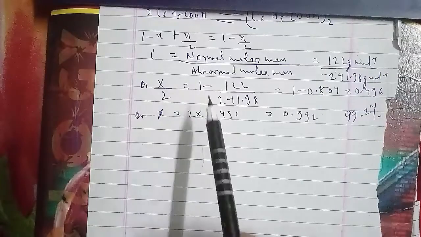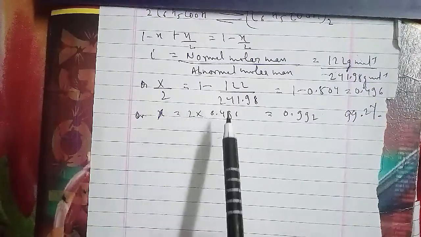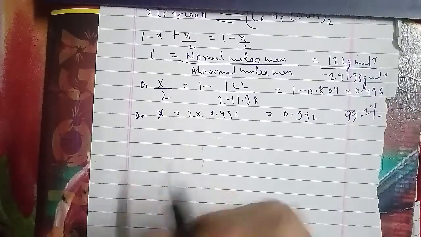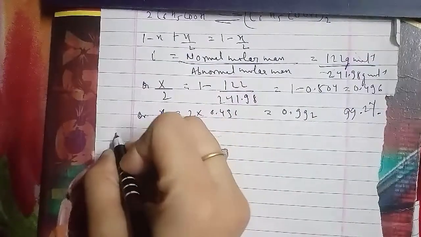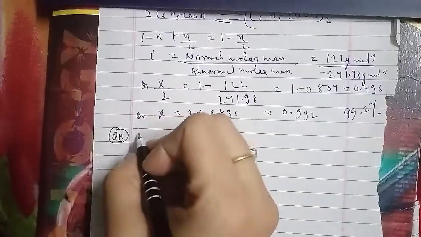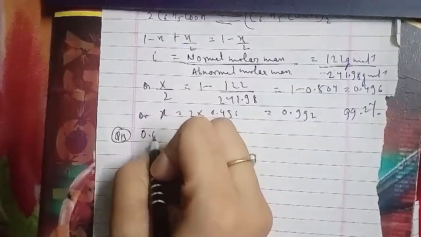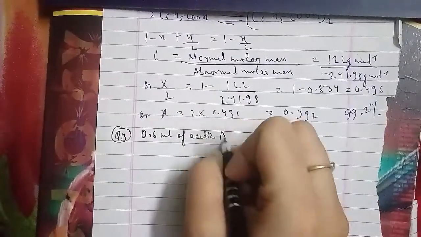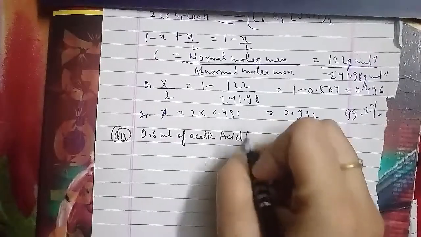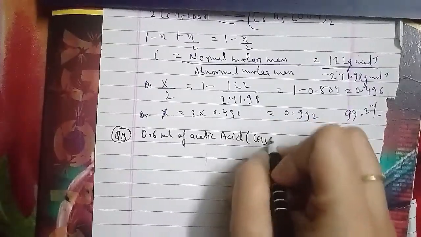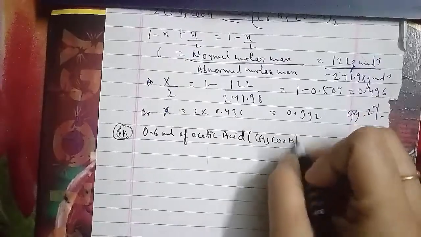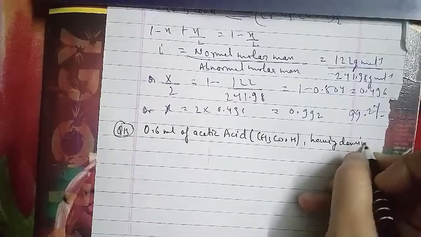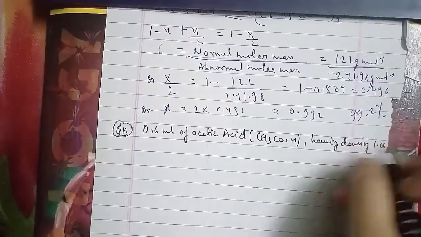The question: 0.6 ml of acetic acid, CH3COOH, having density 1.06 g mL^-1, is dissolved in 1 liter of water.